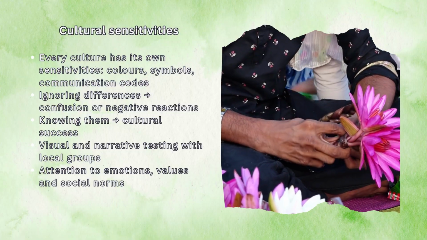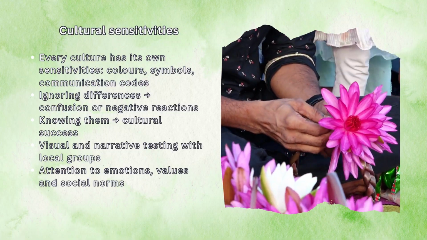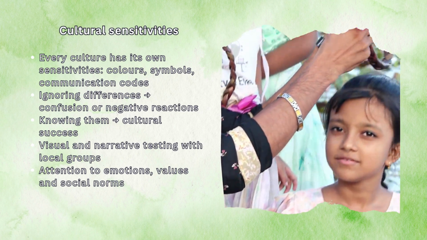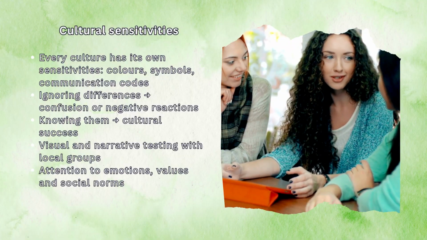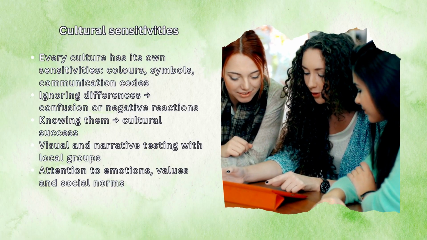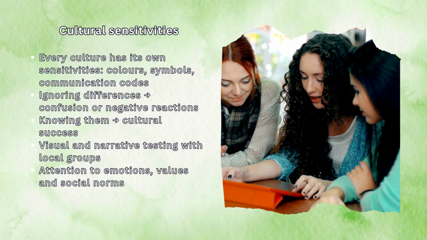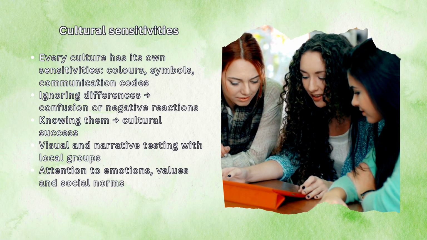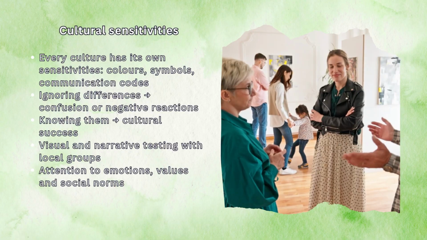For example, a positive symbol in one country may be interpreted negatively in another, colors have different connotations, and geometric shapes can be loaded with local meanings. Sensitive adaptation allows the message to be understood universally without compromising authenticity. Always test visual and narrative elements with local groups. Analyze similar campaigns, study audience reactions, and adjust symbols, colors, and messages to avoid confusion and maximize impact.